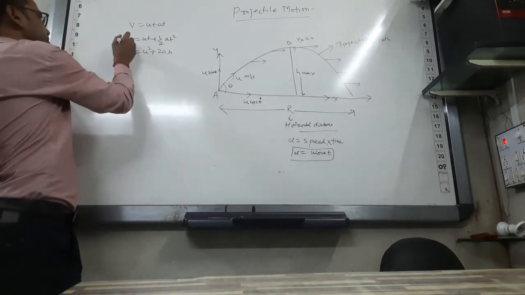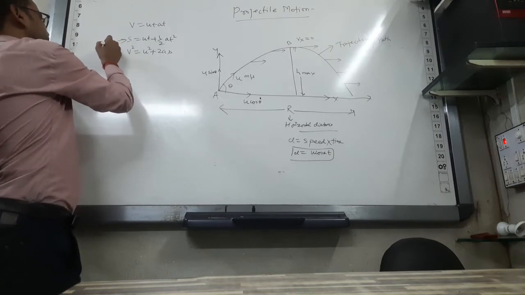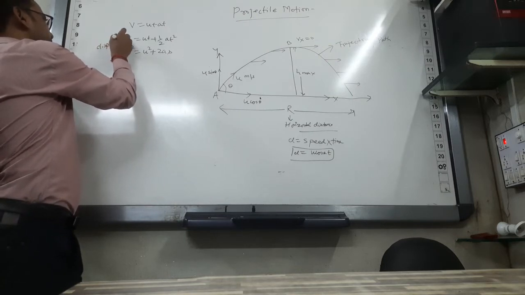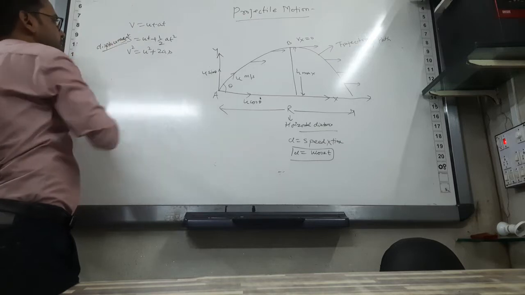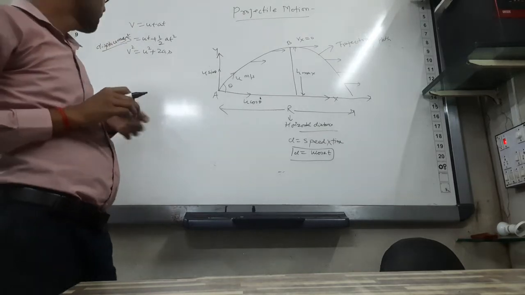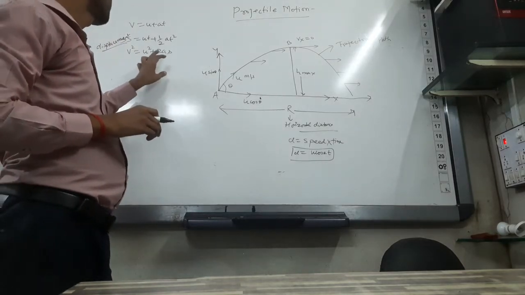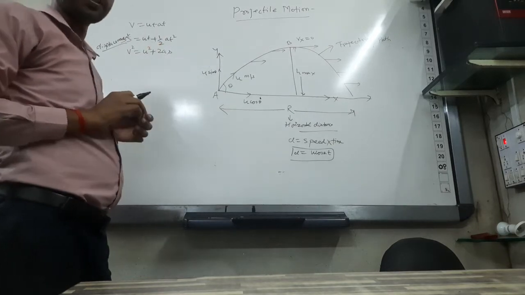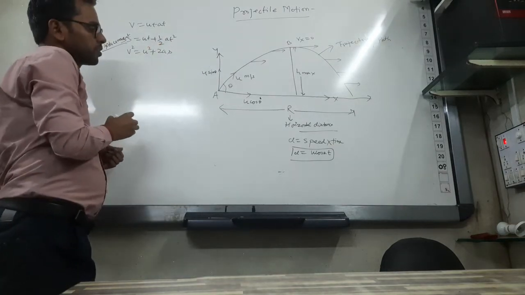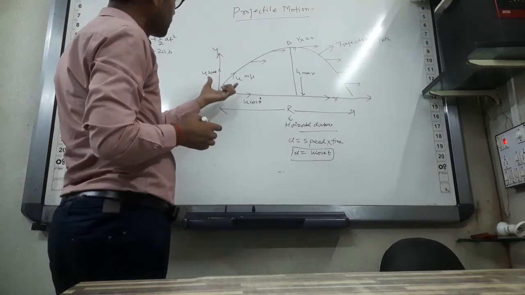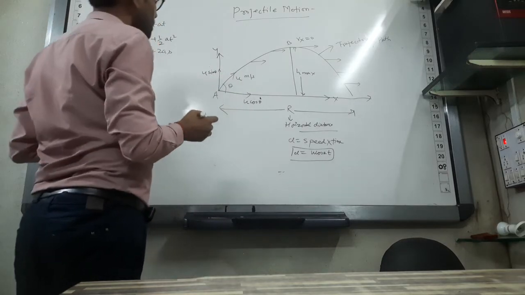Here s is known as the displacement of the object, and a is the acceleration of the object. Now we want to calculate time.